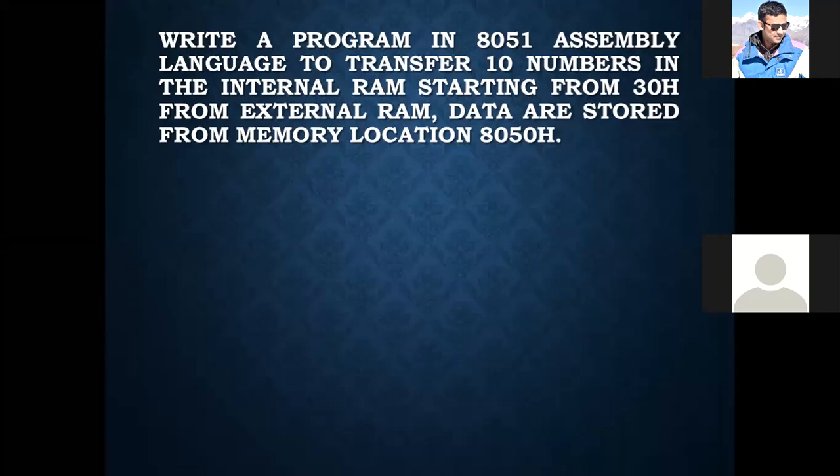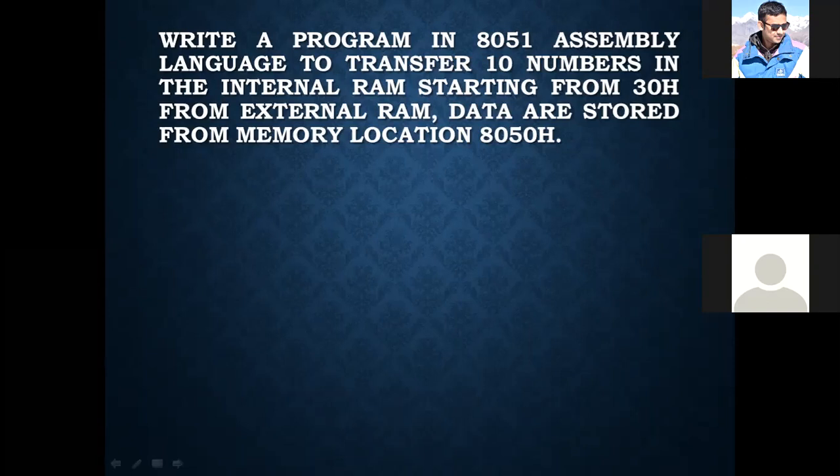Clear? To achieve the objective, we need to initialize those memory locations in internal RAM as well as external RAM. And what instructions are to be used during this external and internal RAM transfer?